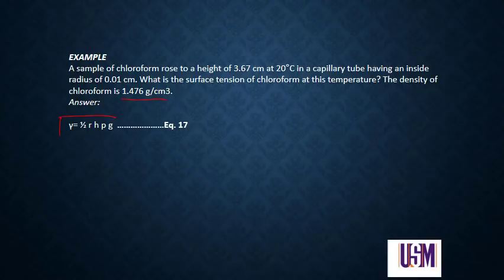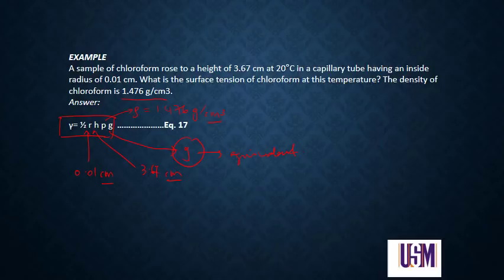Using the derived equation, you can easily substitute the radius 0.01 cm, the height 3.67 cm, the gravity, and also the density, which is 1.476 gram per cm cubed. Looking at all these units, you have to bear in mind that the unit you use for gravity must be equivalent.